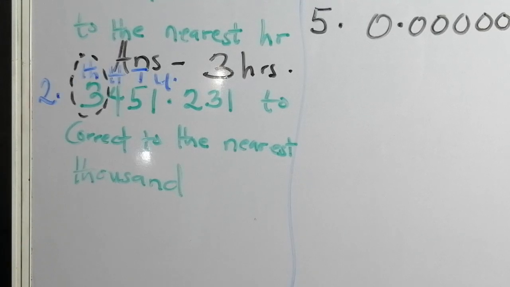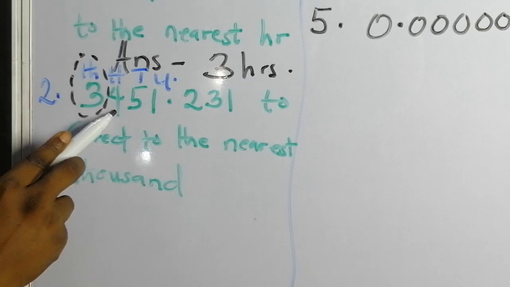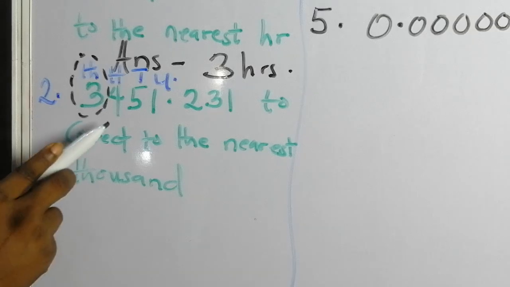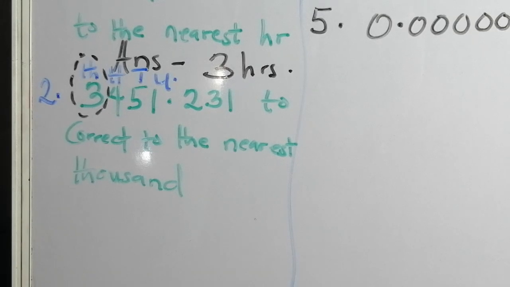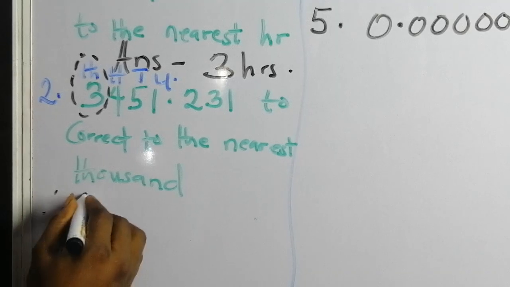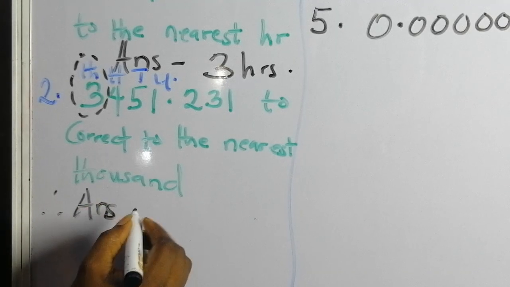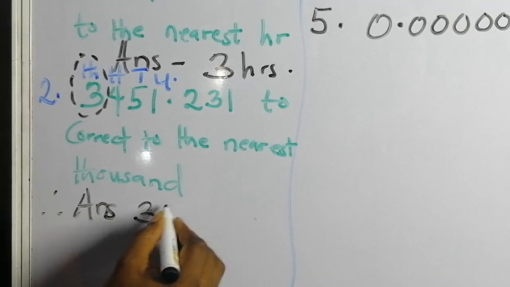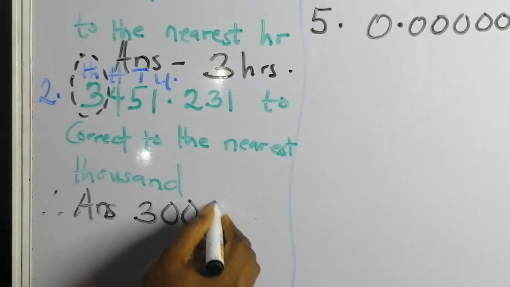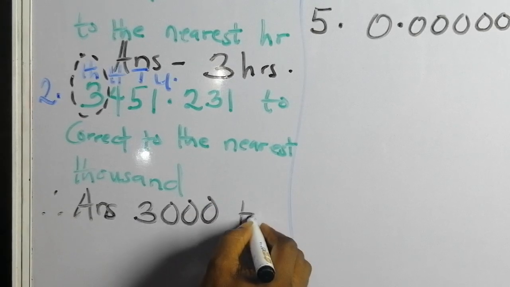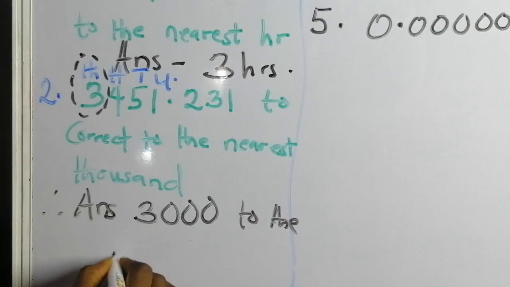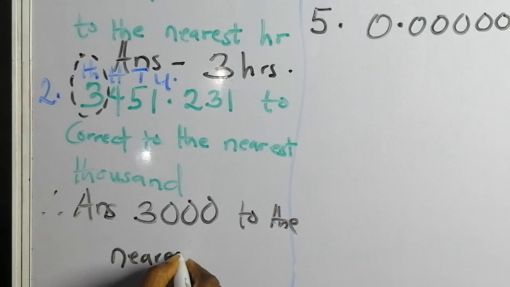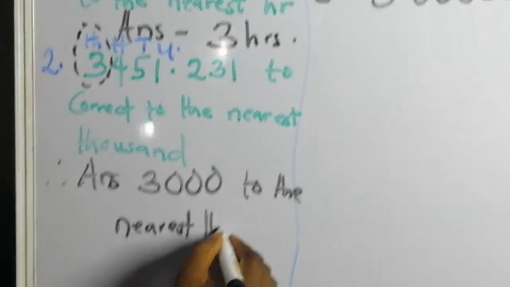What is the next figure after 3? It is 4. Is 4 up to 5? No, it's not up to 5. Therefore, the answer will now be 3000, to the nearest thousand.